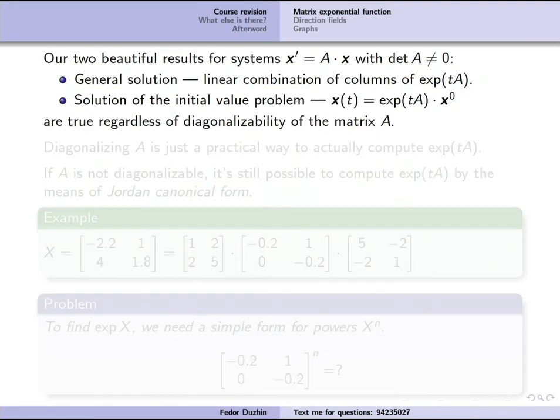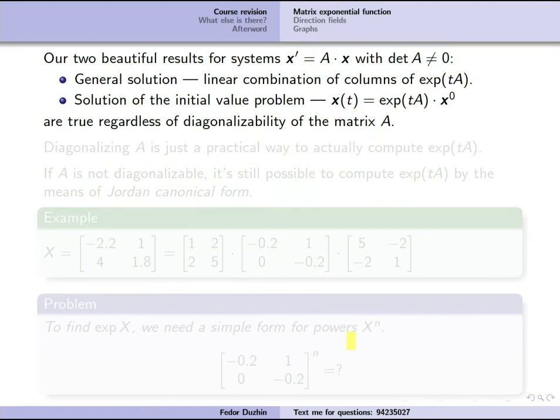All right, I hope it justifies the theory of matrix exponential functions. Well, I would like to mention a few more little things.